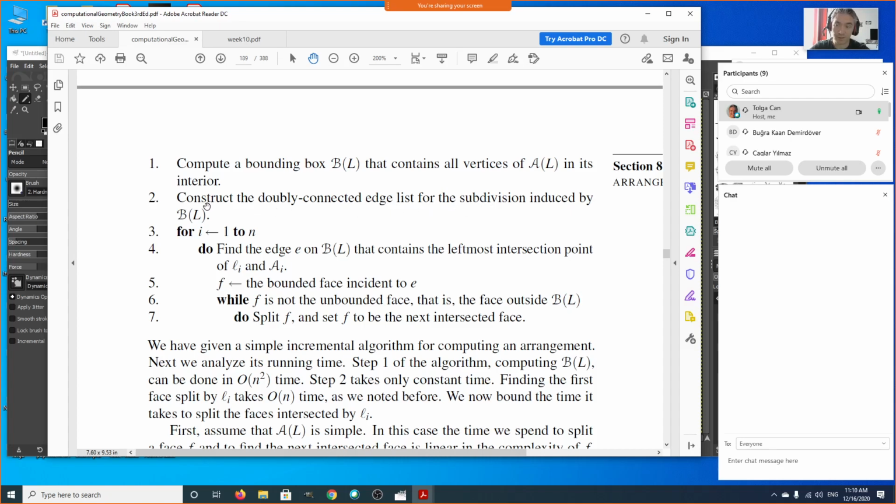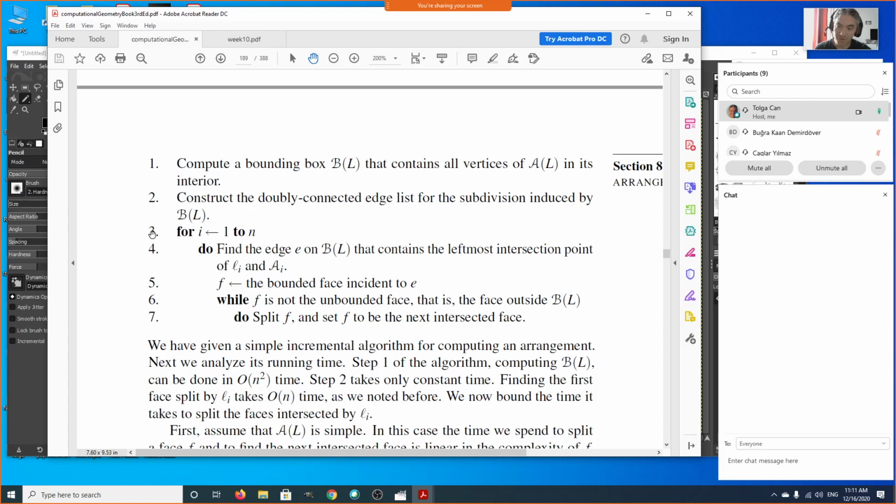We construct a bounding box with 8 half edges, sorry, the bounding box is a rectangle of 4 edges. Each of those edges is two half edges with their twins, so there will be 8 half edges in my initial doubly connected edge list in step 2, and I can construct it in O(1) time.